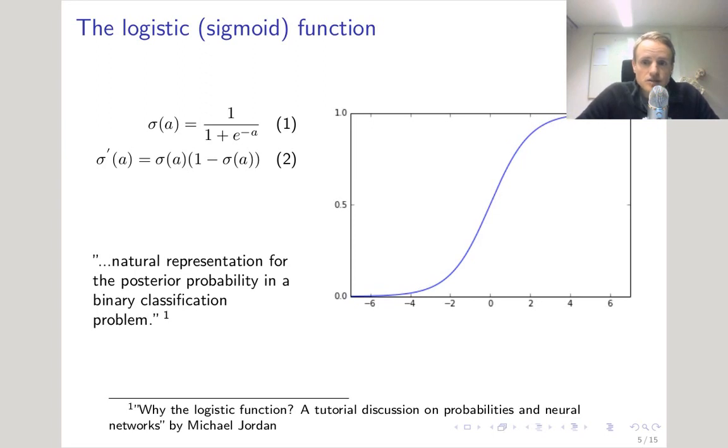Essentially, the reason it is justified today is because it is a natural representation for the posterior probability in a binary classification problem. If you'd like to know more about the history and the derivation, check out the paper by Michael Jordan that I have mentioned below.